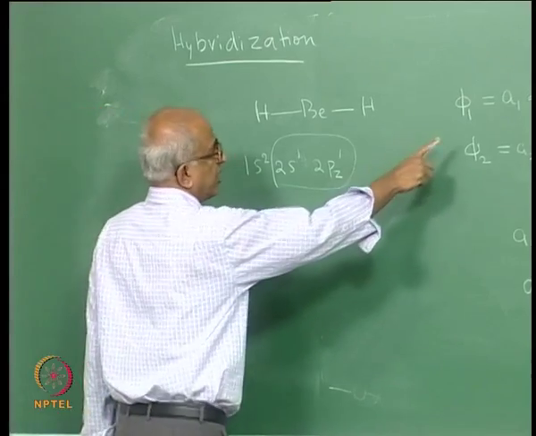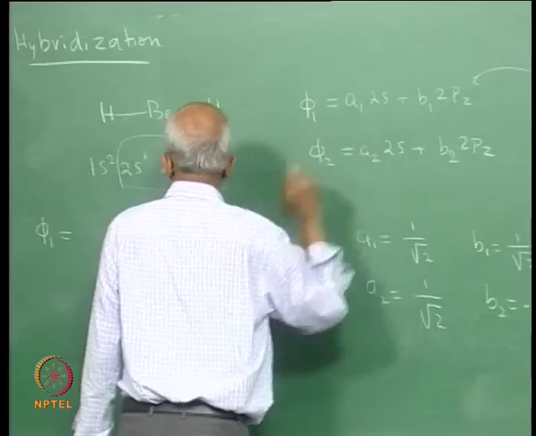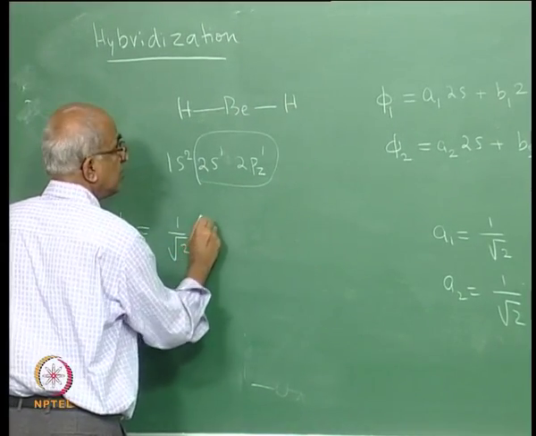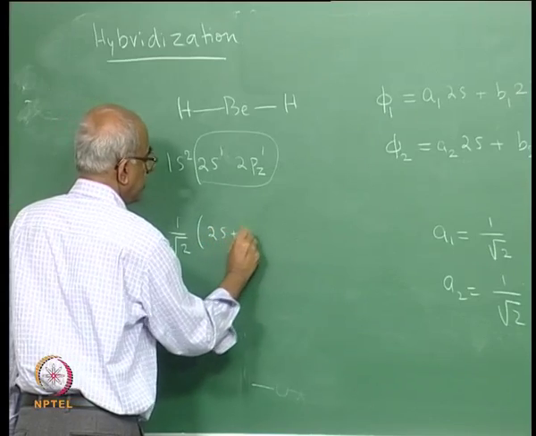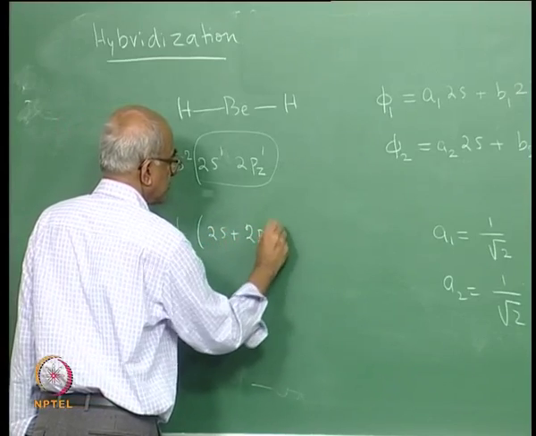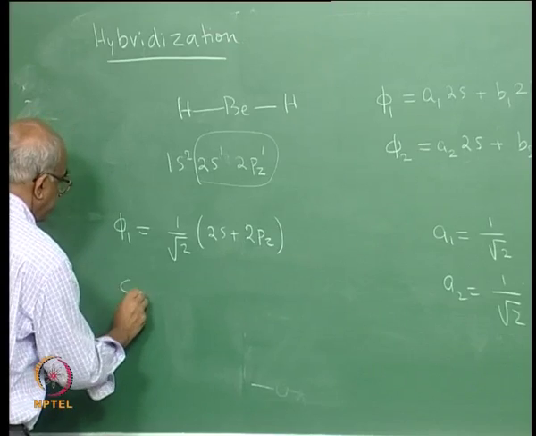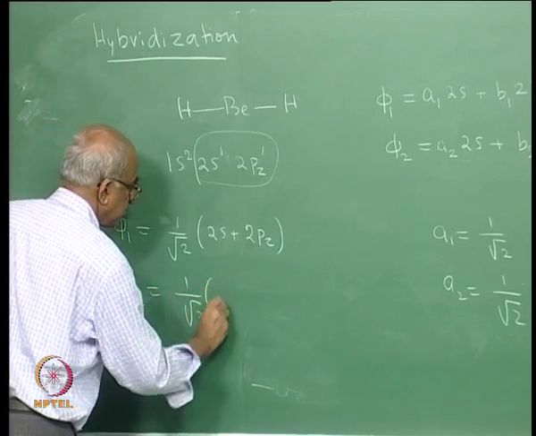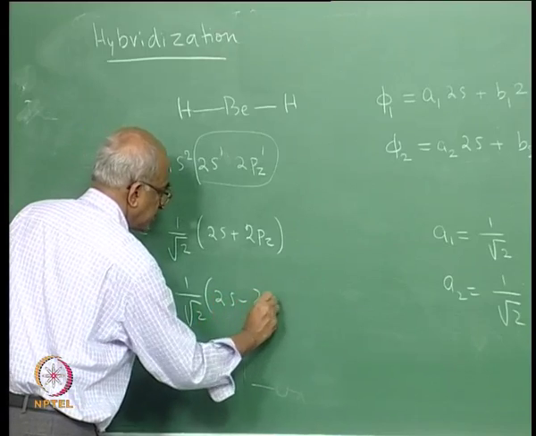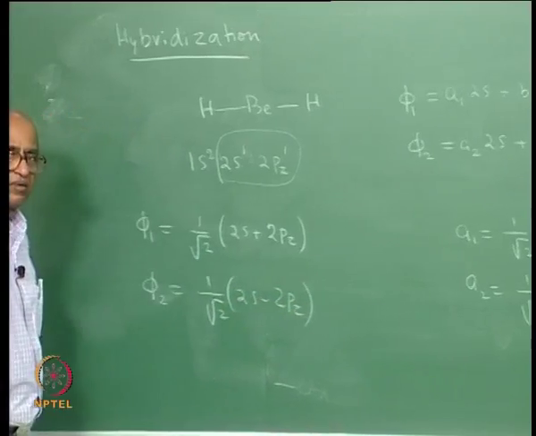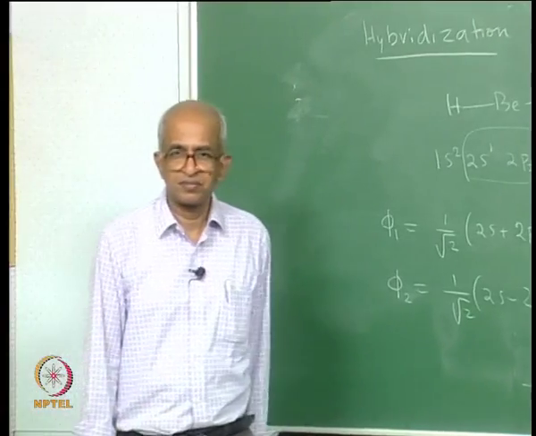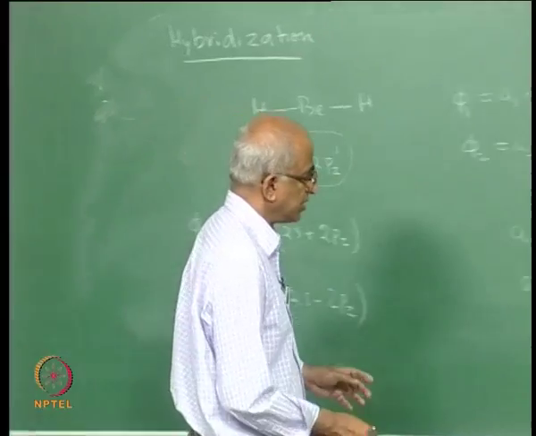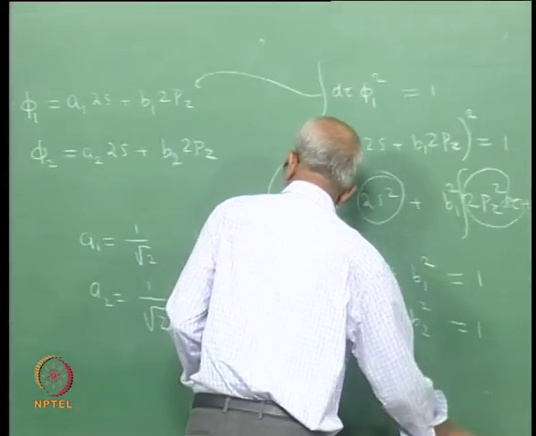Phi 1 has 1 by root 2 here, 1 by root 2 there. So, you get 1 by root 2 times 2s plus 2pz, and phi 2 would be 1 by root 2 times 2s minus 2pz, fine. If these are the hybrid orbitals, let me try to draw them.